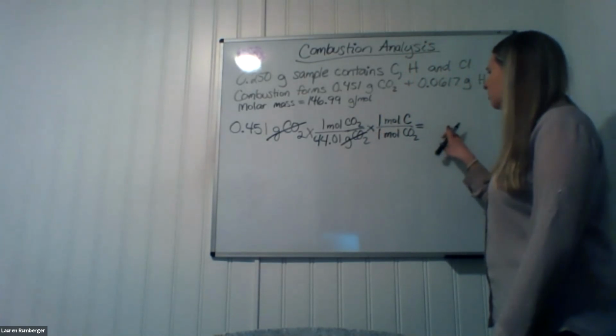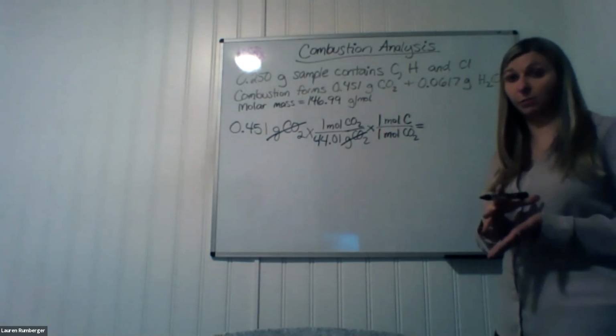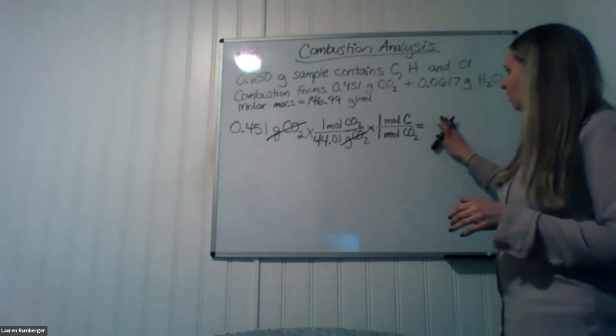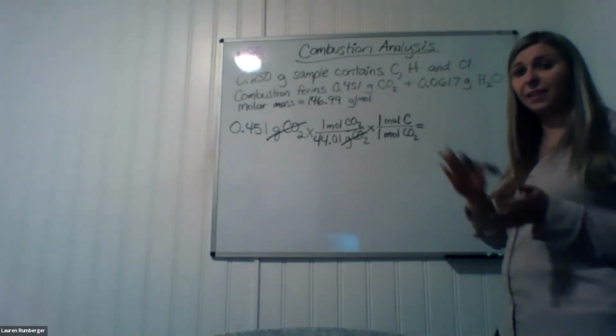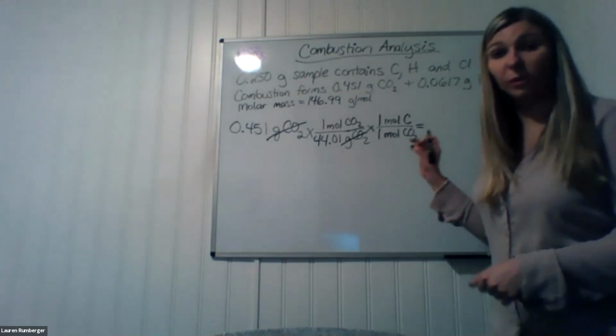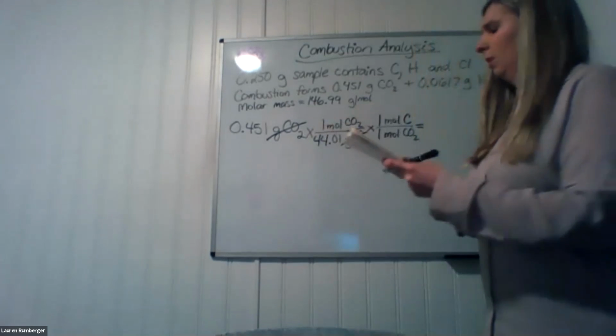Okay, so I'm going to solve for the moles first and then convert it to grams. You'll see why later on, why I did moles first and then converted to grams, because we're going to need those moles later on for the empirical formula.